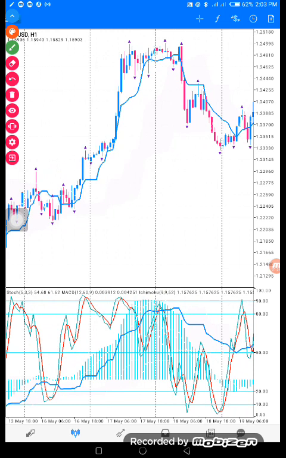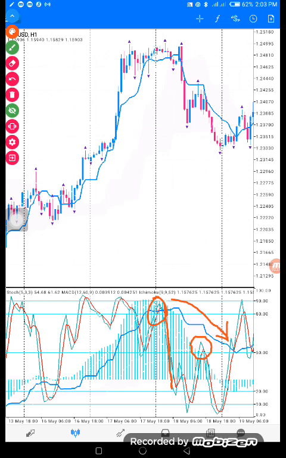Stochastic crossover there, stochastic crossover, and you would have made this profit. The Ichimoku is still above, coming down. You understand? Coming below. So this is another stochastic crossover that you will still enter, since the Ichimoku is above the stochastic. You enter it and come down with it as well.